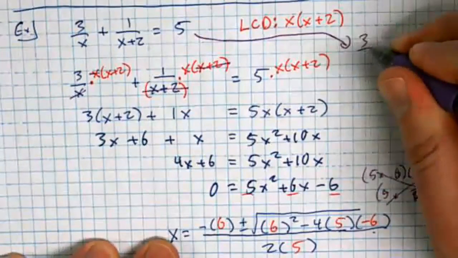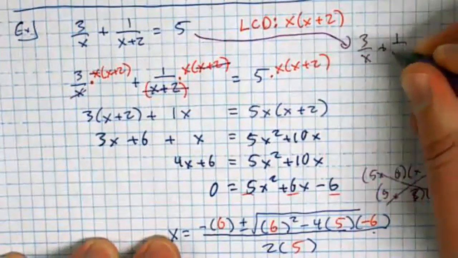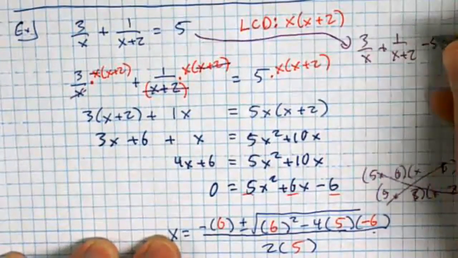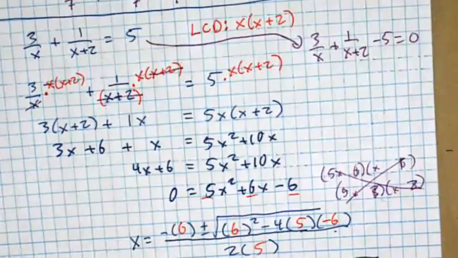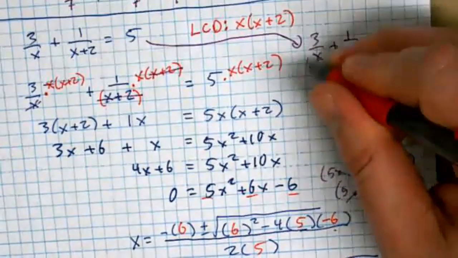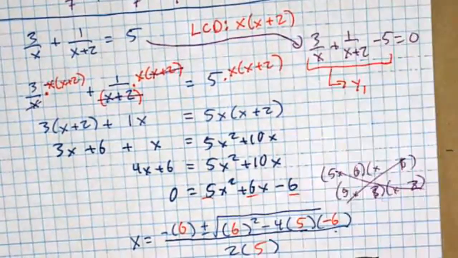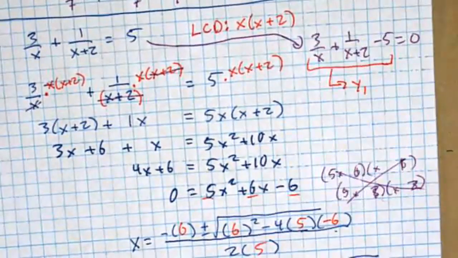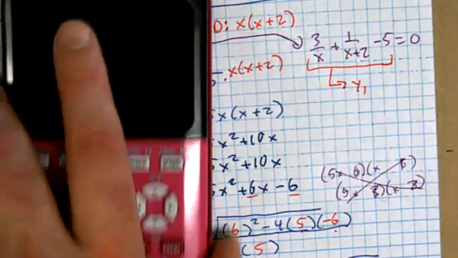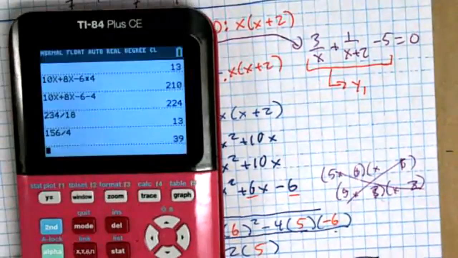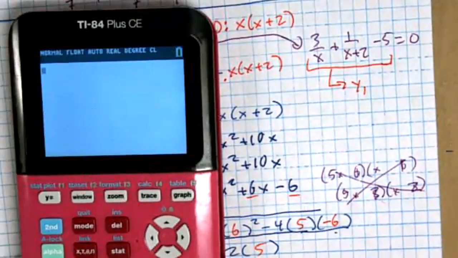That would be 3 over x plus 1 over x plus 2 minus 5 equal to 0. Let's go to our calculator, stick this in for y1, and then do our second calc value and type in our nasty quadratic formula answer and make sure that we come up with 0 for our y values.